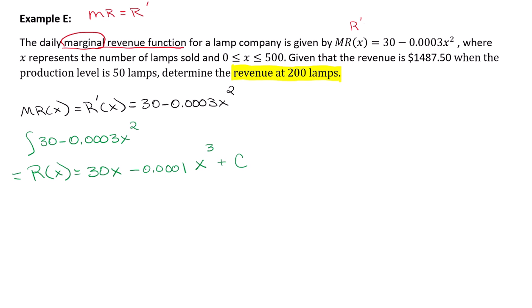Oftentimes I remember the plus C once I start plugging in the numbers and realize I have nothing else left. So we have to have that plus C. So now we're going to use the point that was given. And that was the fact that when the production level is 50 lamps, the revenue is 1487.50.